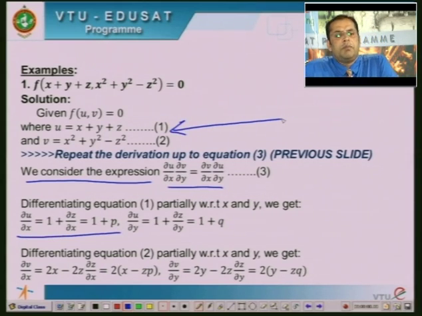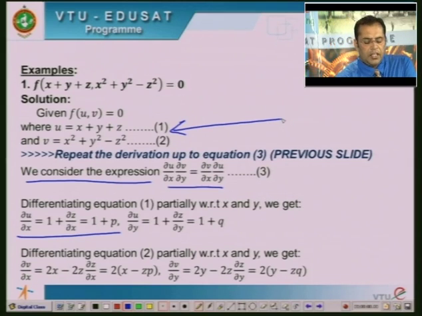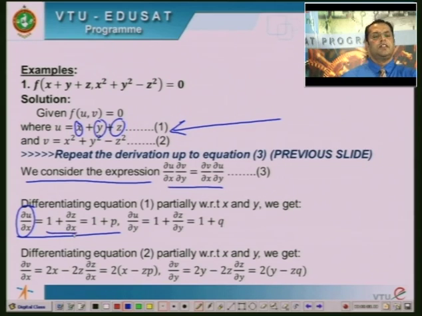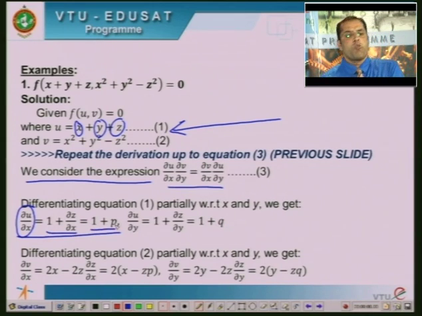Differentiating equation 1 partially with respect to x and y, we get first, u equal to x plus y plus z gives you dou u by dou x on the left side; on the right side, x is 1, y is 0 and z is dou z by dou x, that is what is written here. So, I get 1 plus 0 plus dou z by dou x, which is equivalent to 1 plus p.